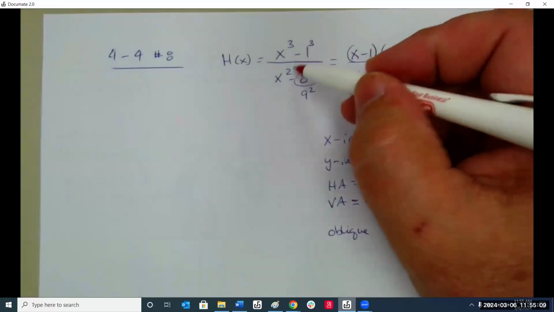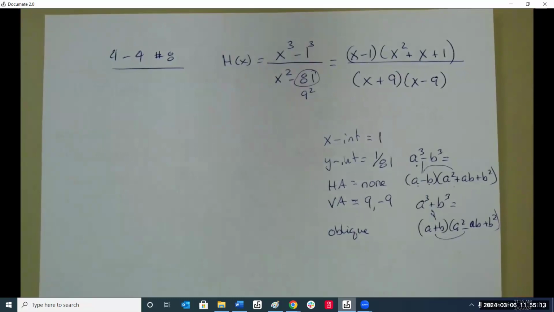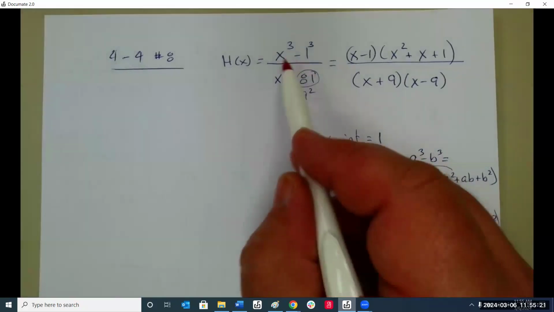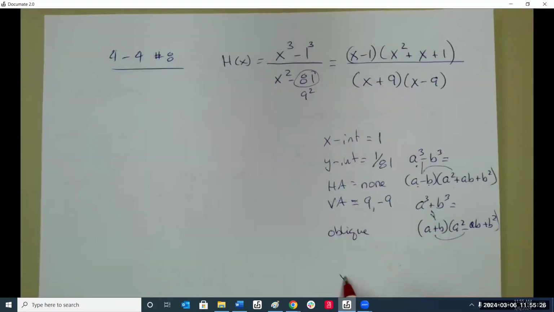Because if the top is bigger than the bottom by 1, it's an oblique. Typically, if there's more on top than the bottom, as x goes to infinity, it goes to infinity. But if there's one difference, then we can do long division. x squared minus 81 goes into x cubed plus 0x squared.